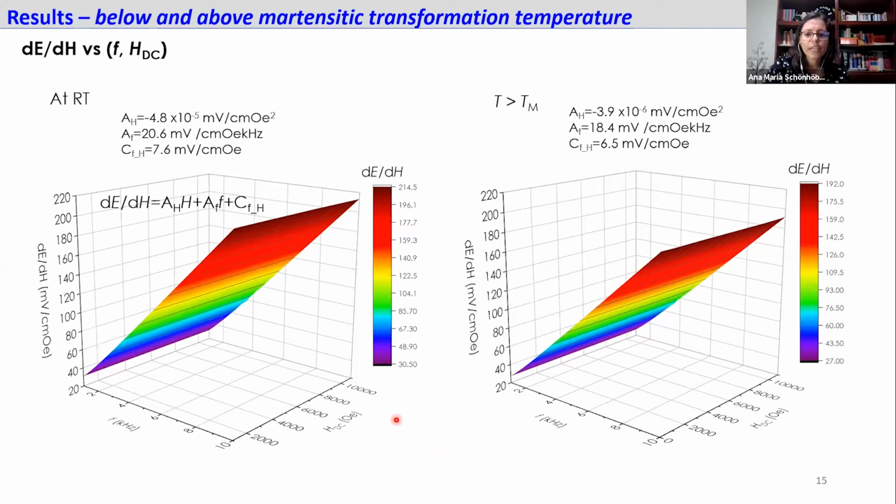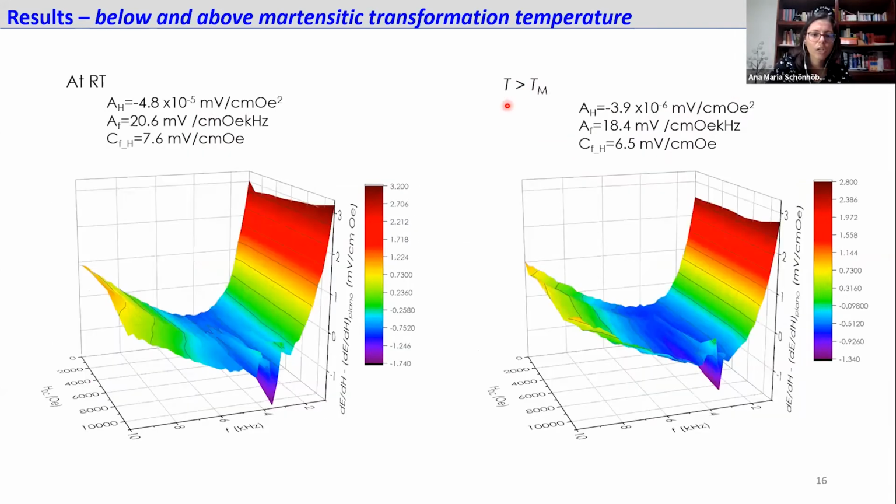When fitting the experimental values using this equation of the plane, we observe the important changes are due to the coefficients associated with frequency. At room temperature, the magnetic field coefficient is approximately one order of magnitude larger than that of the composite when the temperature is above the martensitic temperature.